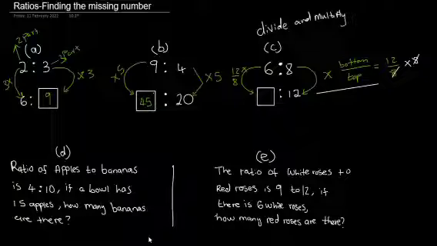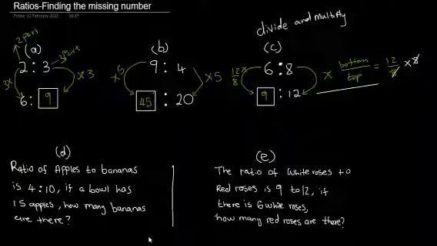So we say 12 multiplied by 6 to get our answer, and then divide by 8. If we take 12 multiplied by 6 and then divide by 8, we get the answer of 9.